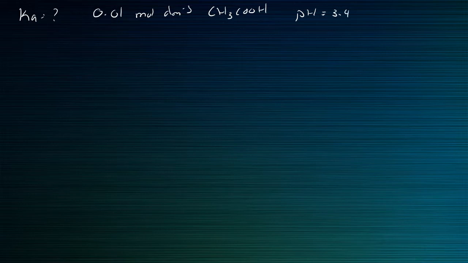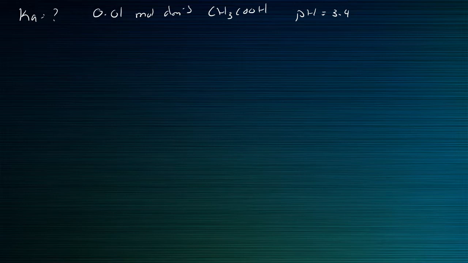So calculate your Ka at 298 Kelvin for a 0.01 mole per decimeter cubed solution of ethanoic acid. It has a pH of 3.4 at this temperature.